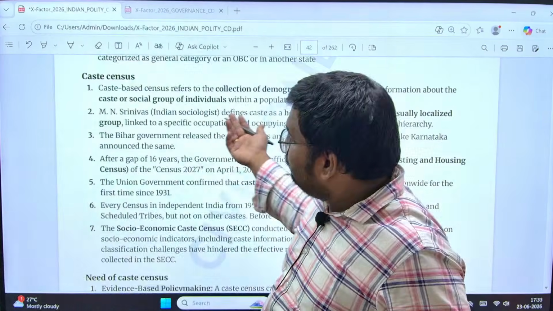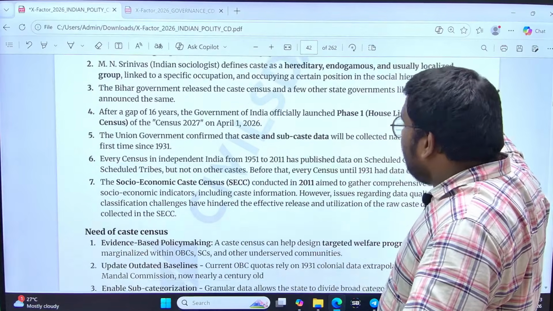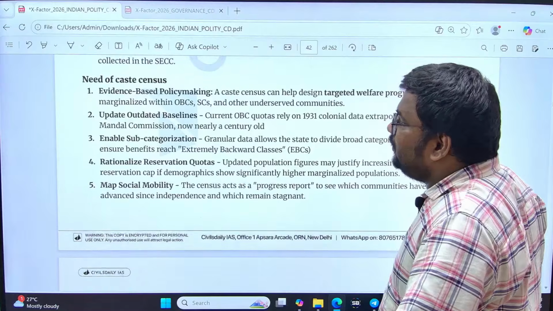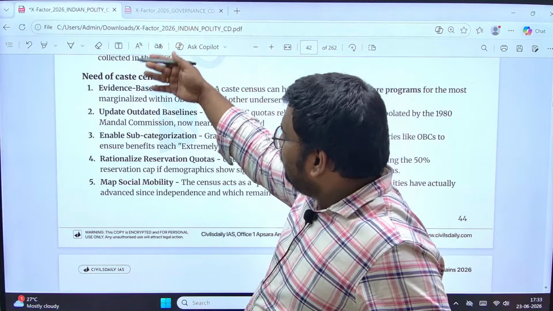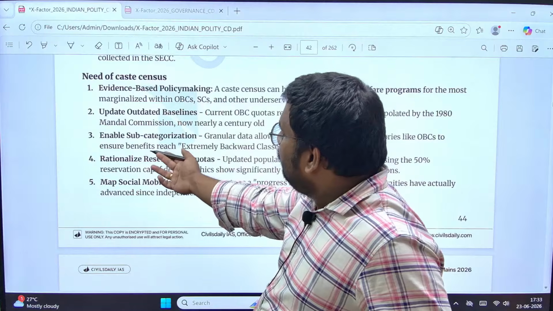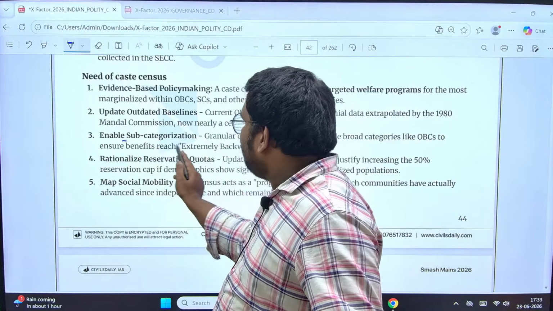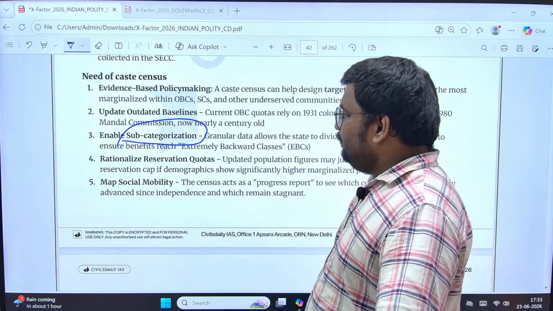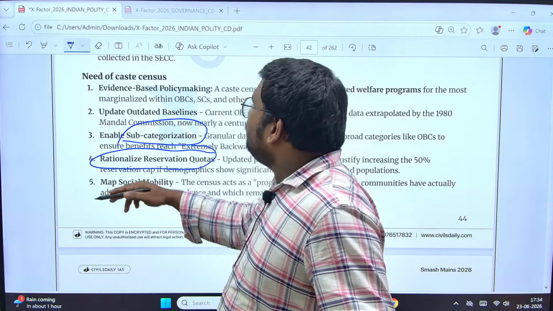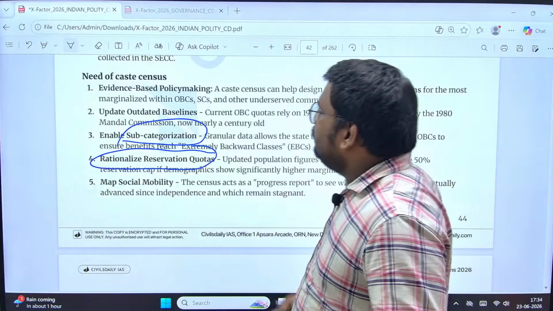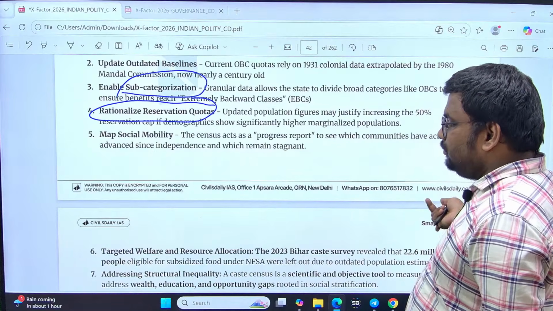So caste census also, apart from the facts related to it, the analysis of it, that is the benefit or need of it. So why there is need in decision making, the outdated data, or only when you have the caste data, then only the subcategorization is possible. Okay, then it can help in reforming reservation policy, right? So these are all the specific keywords that you can use.